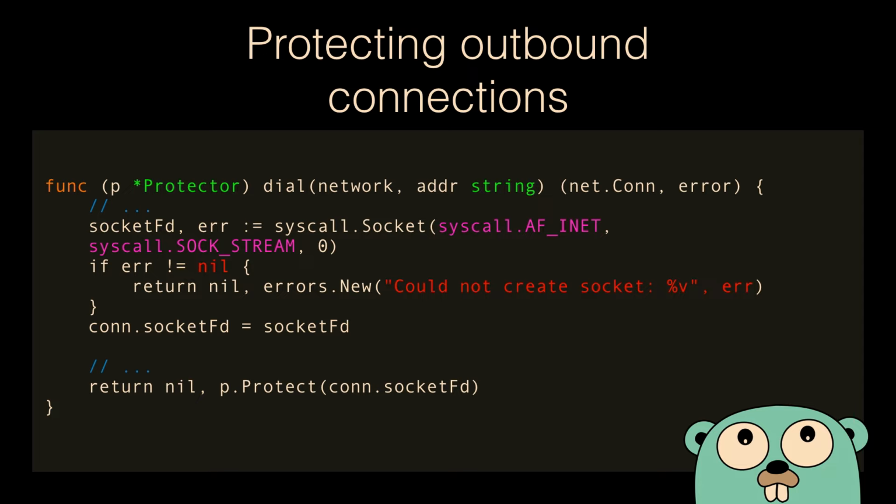That way, we were able to get the file descriptor number and to pass it to protect, which was the thing that we required in order to have a complete version of Lantern for Android.